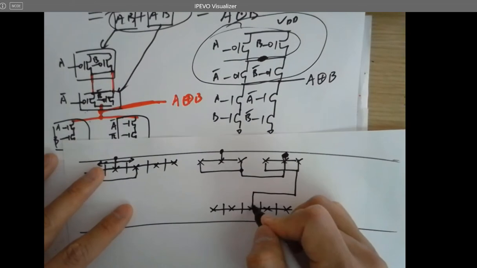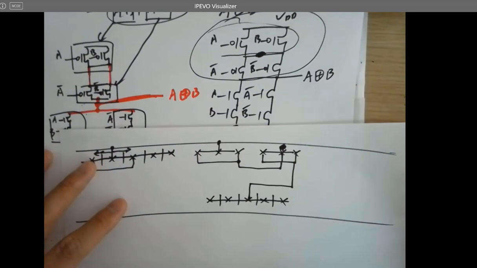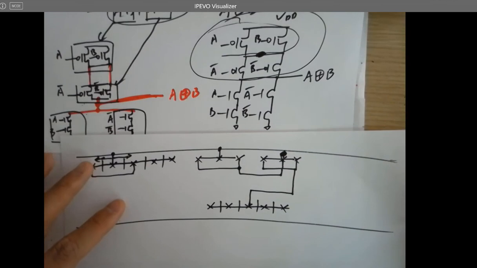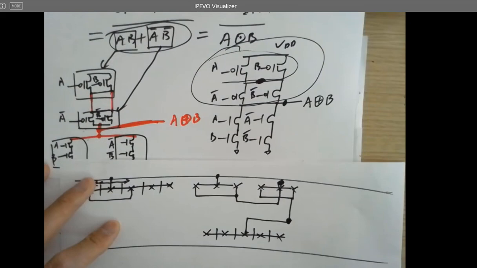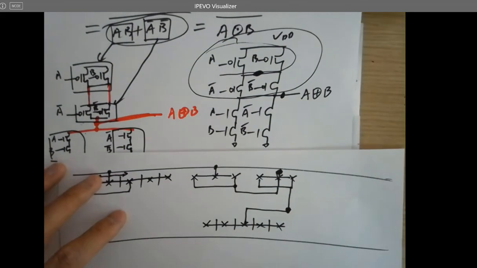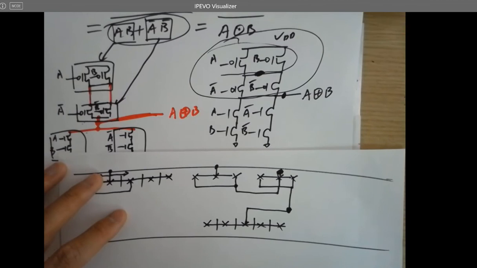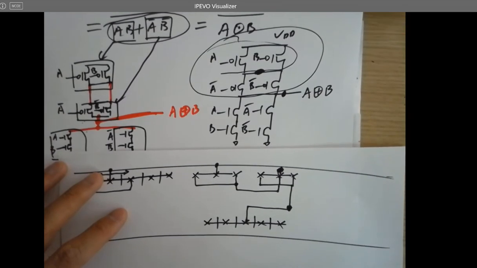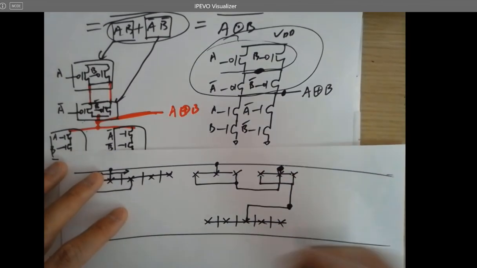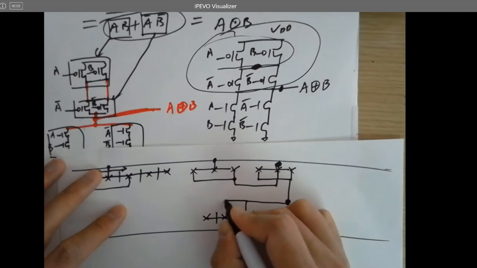If I connect this part to here, then so this node is this node, right? No, you don't do that. So it should go to here.